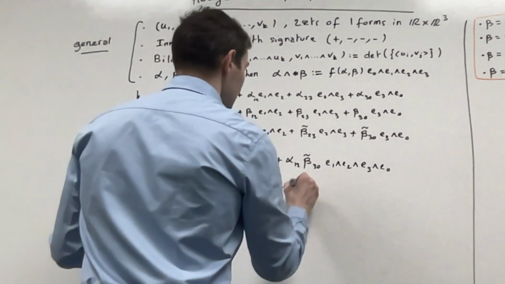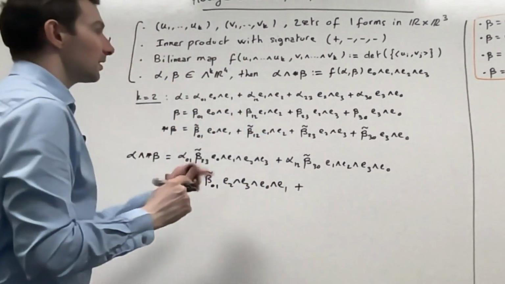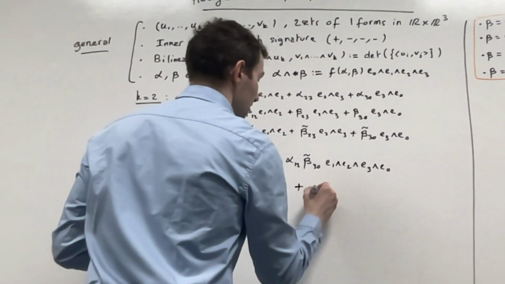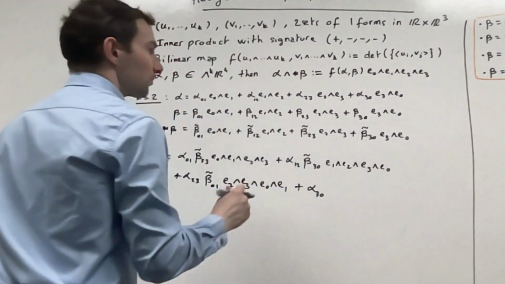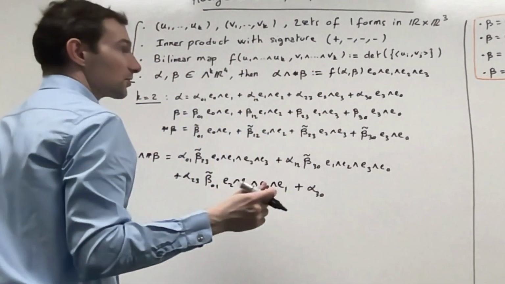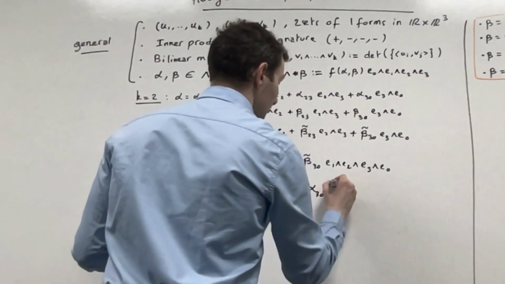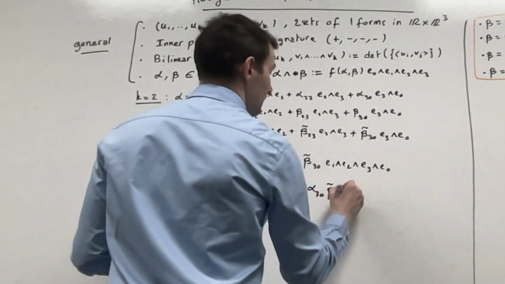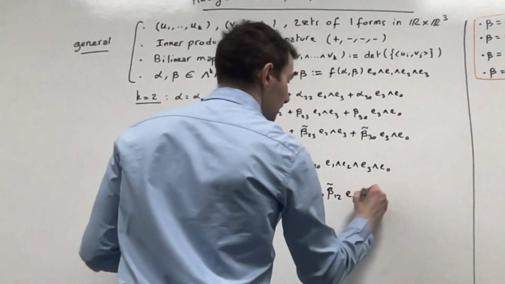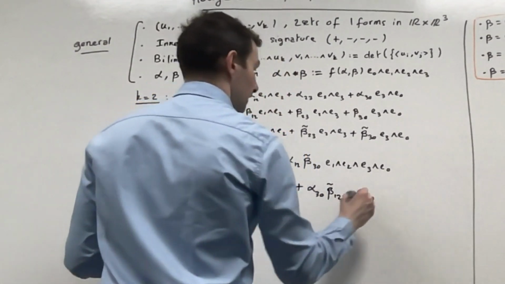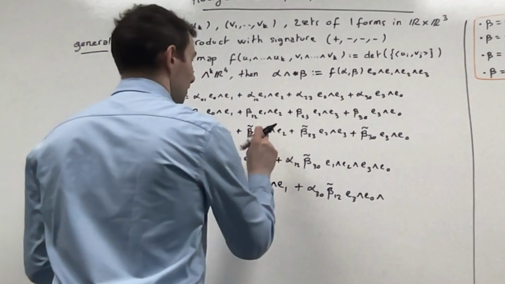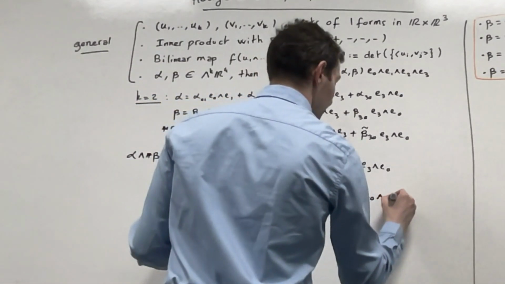And then plus the last one is alpha 3, 0. And alpha 3, 0, I want something else, so that would be 1, 2. And so that's beta tilde 1, 2. And that's E3, E0, and then wedge E1, E2.